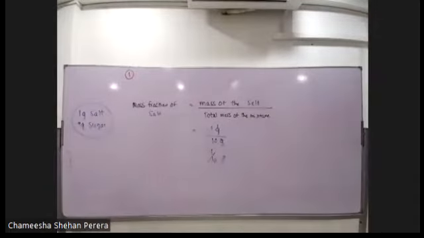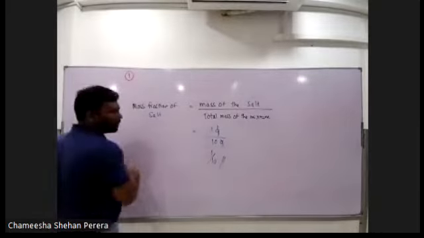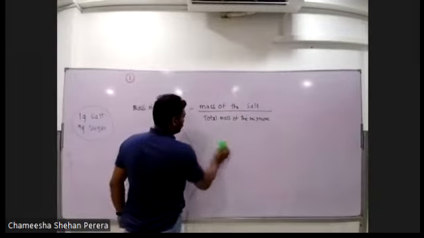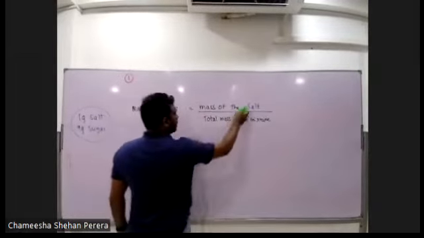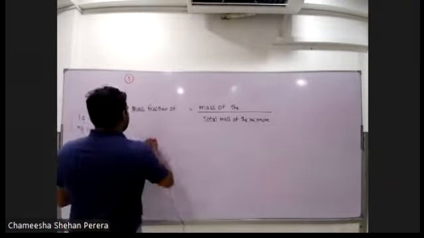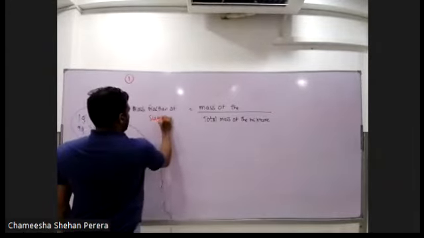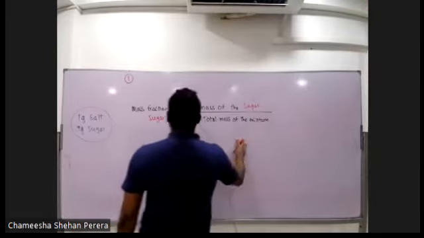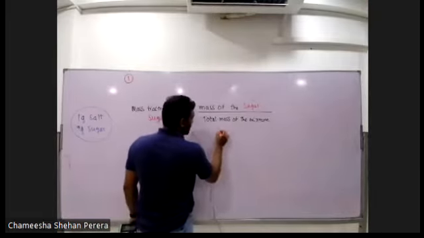Right. So quickly, let's do the calculation for the mass fraction of sugar. Right. So what I have to do here, mass fraction of sugar. So we will be calculating the mass fraction of sugar, right? So mass of sugar here and mass of the total mixture. Mass of sugar is 9 grams actually.